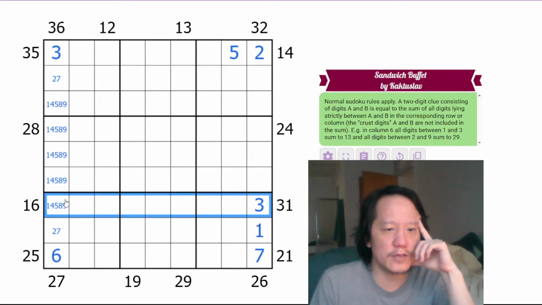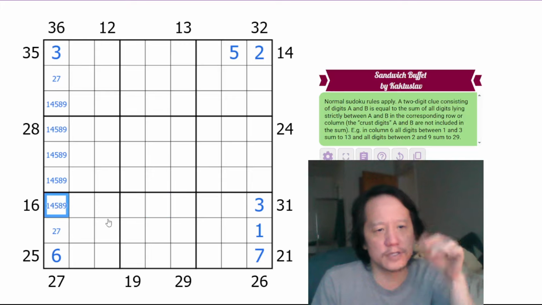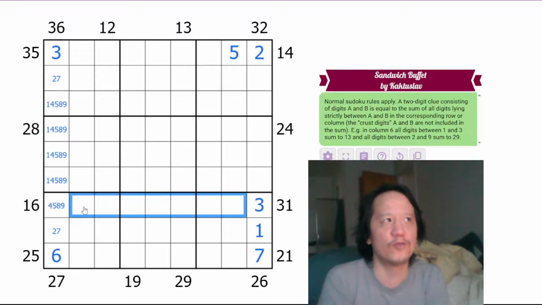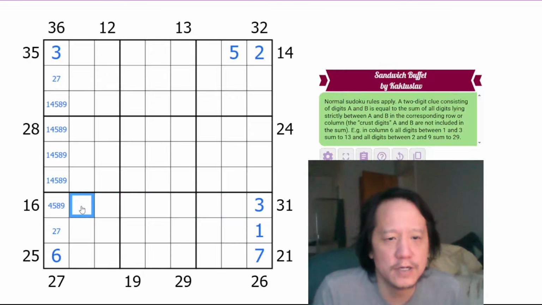Between the 3 and the 1 adds up to 31. So this can't be 1 here, because then in between would be 45 minus 3 minus 1, which is 41. This can't be 1 because outside of the 3 and 1, you have to have an additional 10.